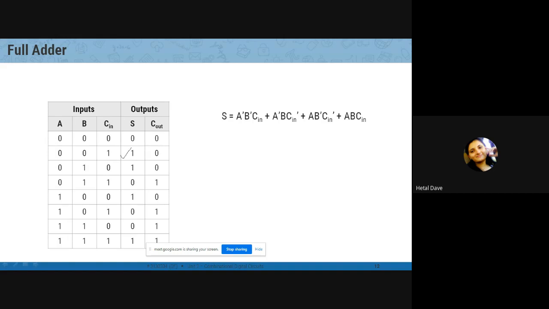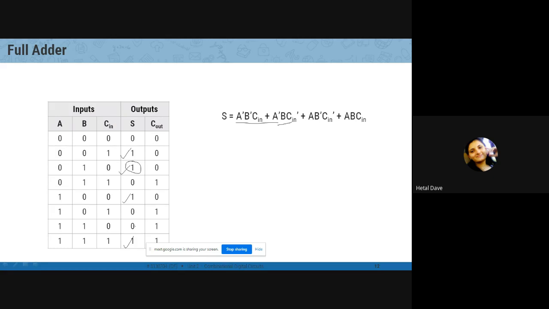From the S column, wherever 1 is there, consider this 1. Then look here: A bar, B bar, C. Have you found? A bar, B bar, C. So this equation is written A bar, B bar, C. Next one, A bar, B, C bar.